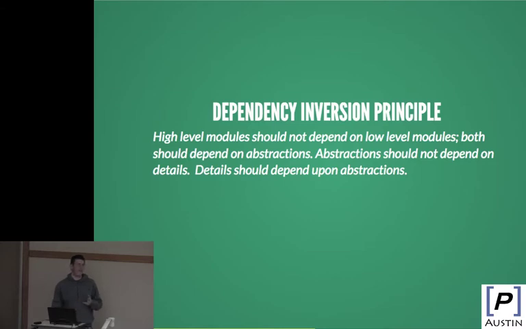In effect, if you're trying to process orders and you have a data store backing that, you want a repository that conforms to an order repository interface rather than necessarily a specific implementation of an order repository.